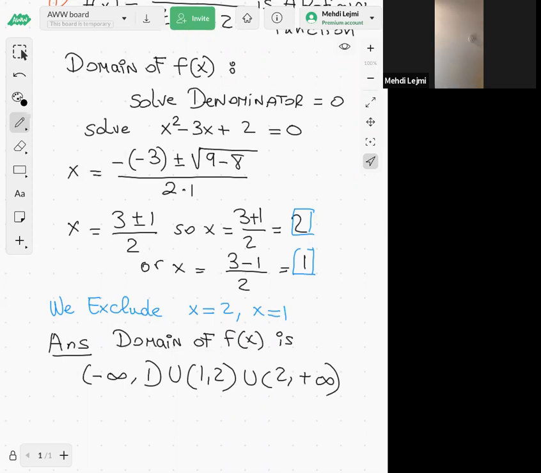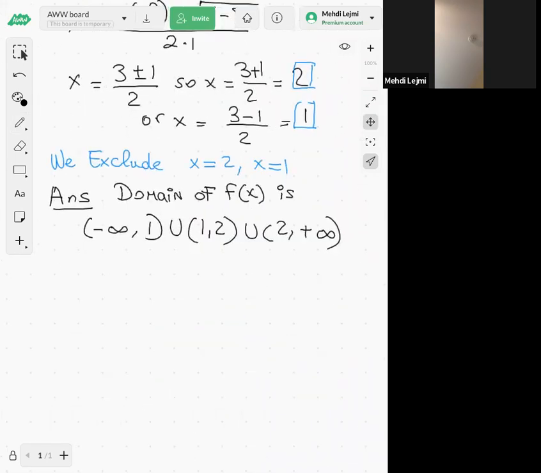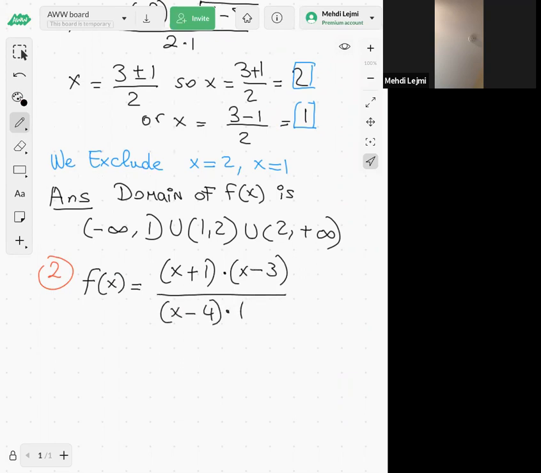Now another example, example number 2. So let's say f of x is equal to x plus 1 times x minus 3 over x minus 4 times x plus 5, right? So, I mean, this is also a rational function, right?